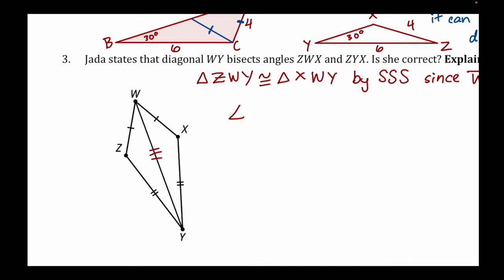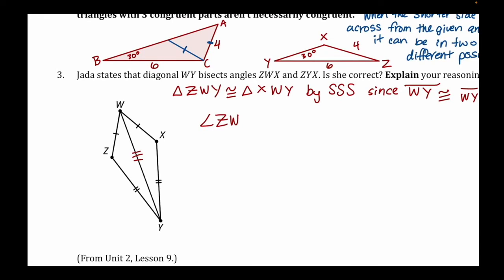So angle ZWY is congruent to angle XWY, and angle ZYW is congruent to angle XYW.